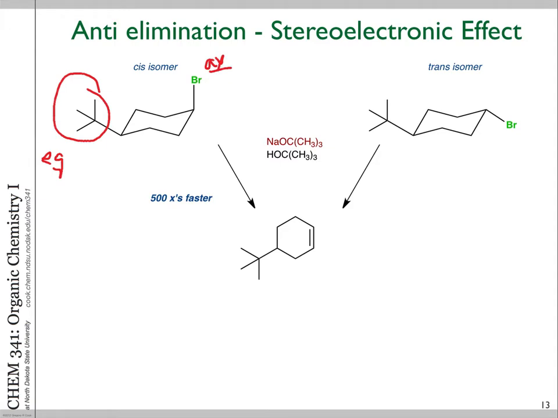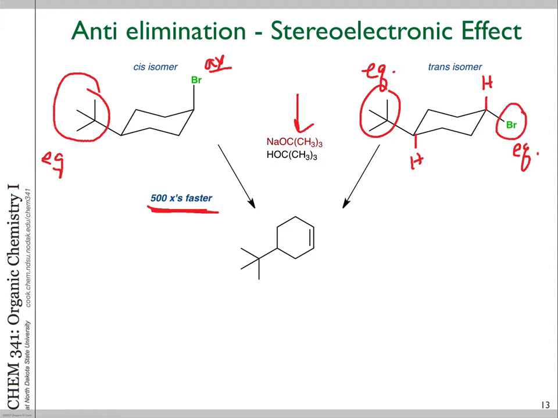This cis isomer reacts 500 times faster for elimination with this sodium tertiary butoxide base than the trans isomer. So if I draw the hydrogens in here for you to see, this is the trans isomer where the large tertiary butyl group is equatorial, and the bromine is equatorial. Why does the cis isomer react so much faster than the trans isomer?